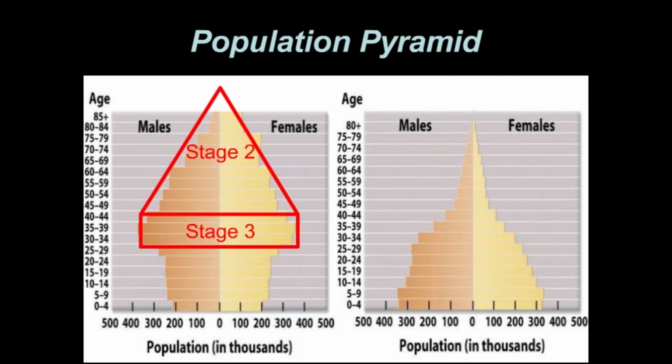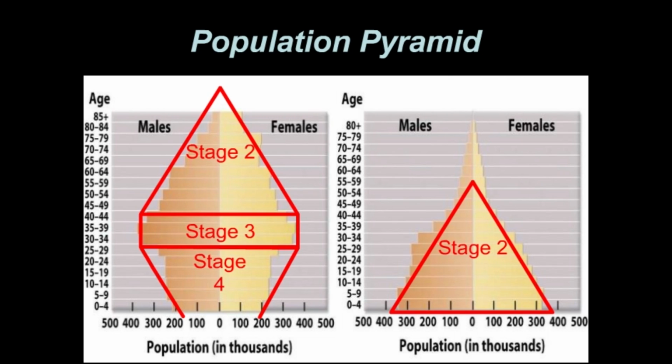And so this is characteristic of stage 3 countries. This country then eventually had a transition to stage 4, as we now have this upside down pyramid shape. So families choosing to have fewer kids, evident then in there being fewer and fewer young individuals.